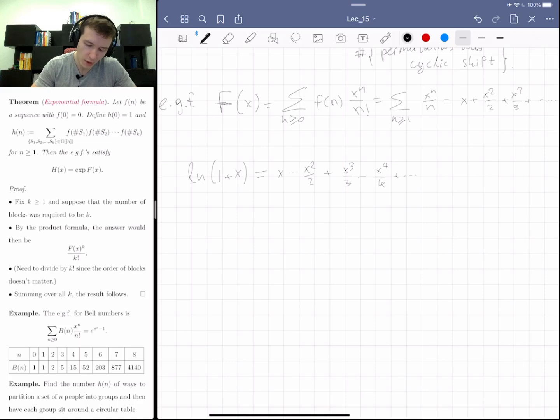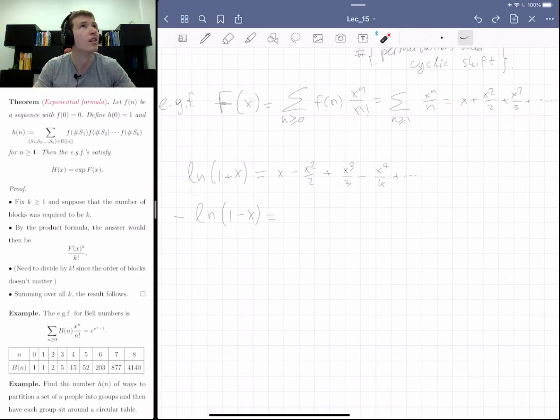So anyways, my point is that I think you need to take the negative logarithm of 1 minus x. Because without the minus sign, you would get minus x squared, minus x cubed, etc. So you have to just take the derivative. Okay, if you take the derivative of this, you're going to get 1 over, well, oh, it's just literally this.